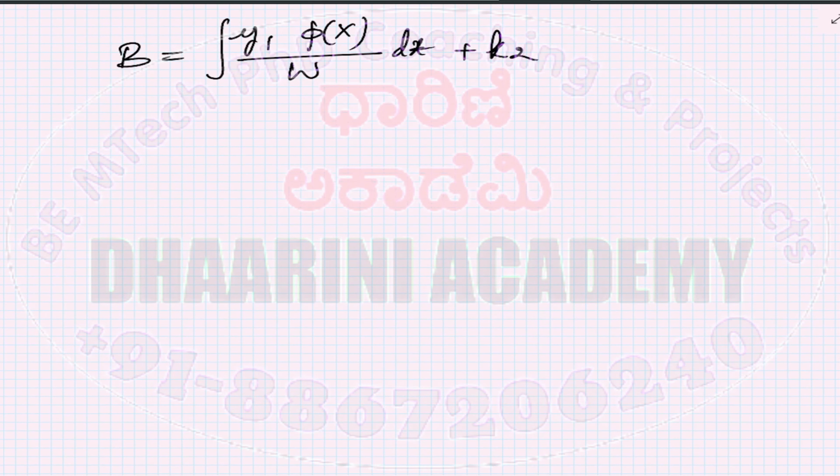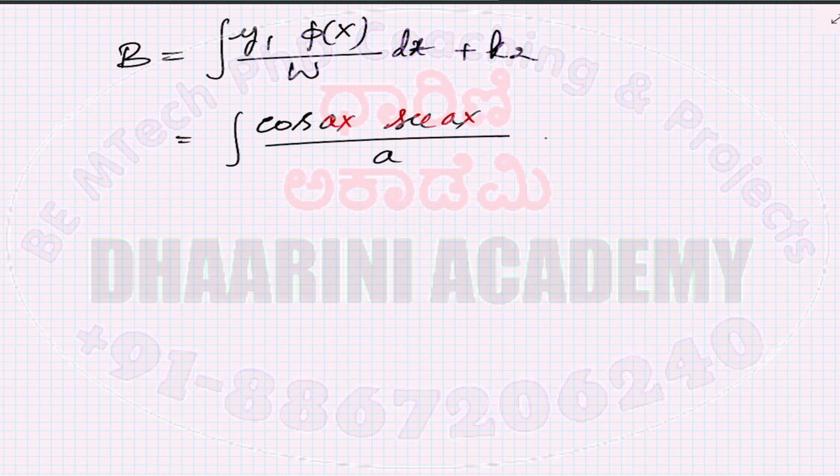Okay, so now this means I can simply substitute the values. This is the integral; y1 is cos ax. Phi of x is secant ax divided by a times dx plus k2.